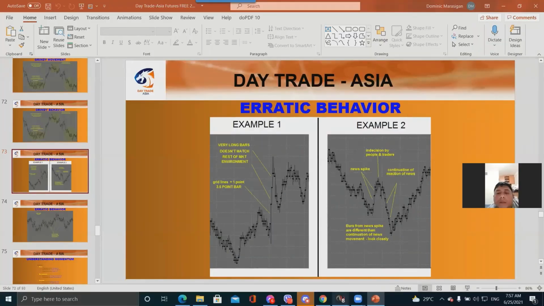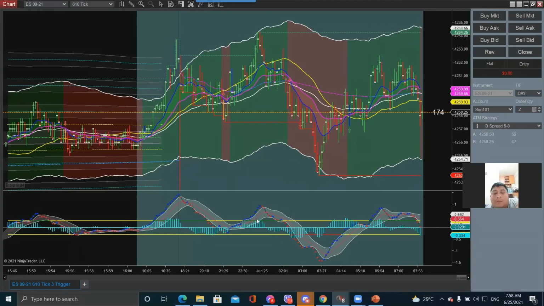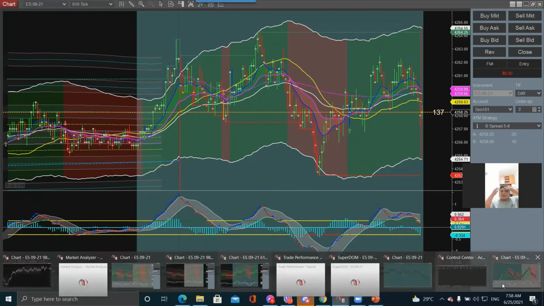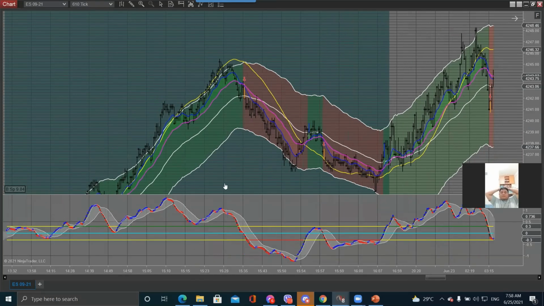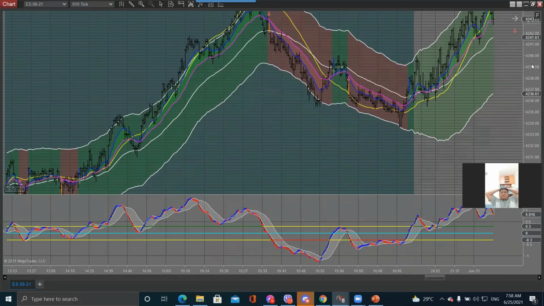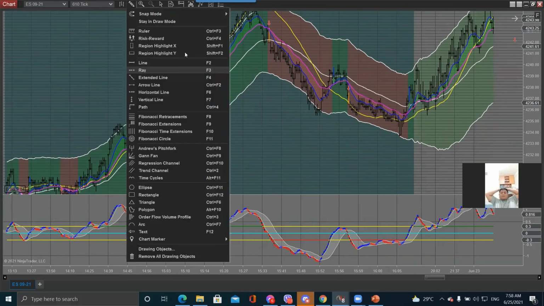So if we look at our chart here, I can show this better on this chart, right here. See this? You see these bars here, they're small, then all of a sudden you get this strong, erratic bar out of nowhere.